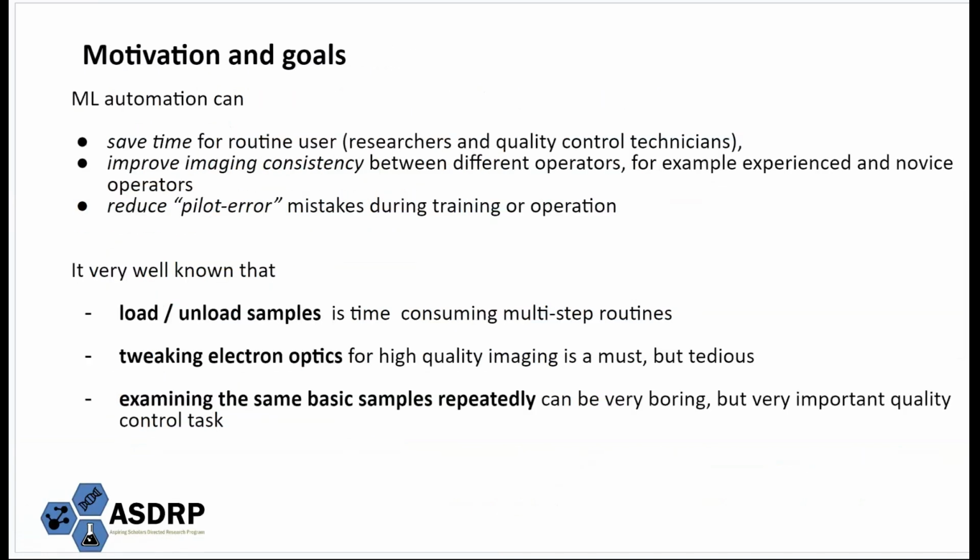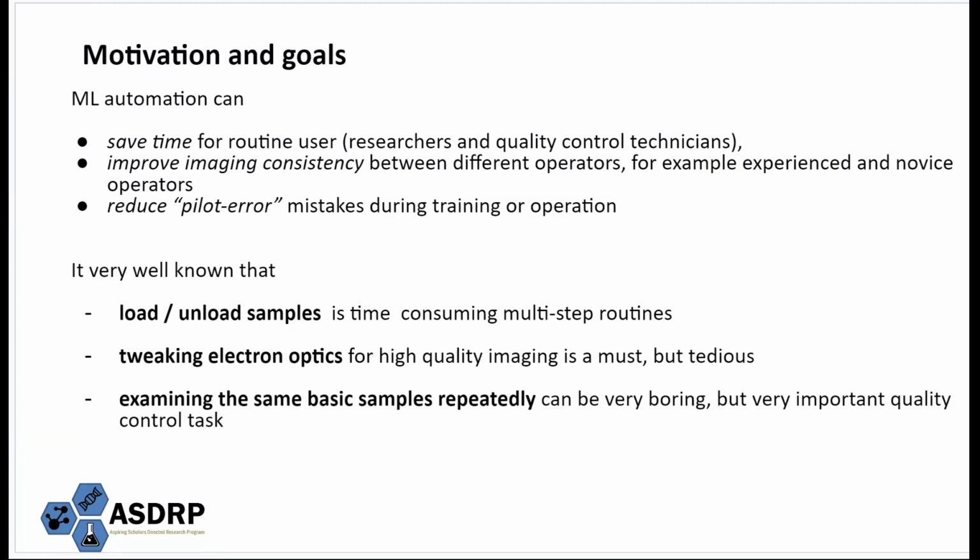So motivation and goals for this project include that the automation using machine learning of this SEM operation can save time for the routine users, like researchers and quality control technicians who have to do the same thing over and over again to make sure that the quality and results of their SEM experimentation are accurate.